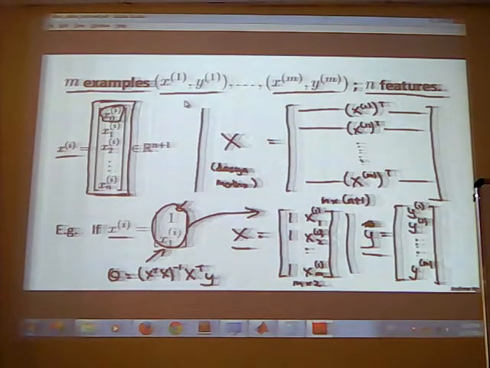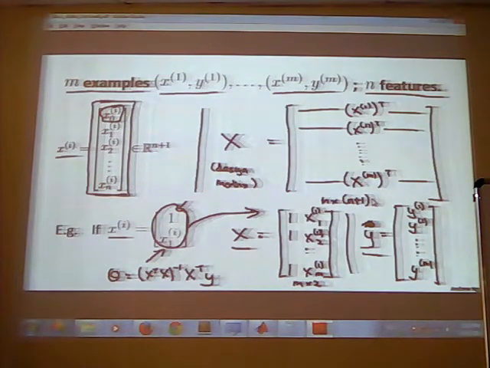So this is the example given here: x superscript 1, y superscript 1. This represents the first row of the training example, and we have n features. So for xi we have x0 superscript i and so on. This is our n plus 1 dimensional vector, and we are having capital X, which represents all our features, which is going to be an m cross n plus 1 dimensional matrix.